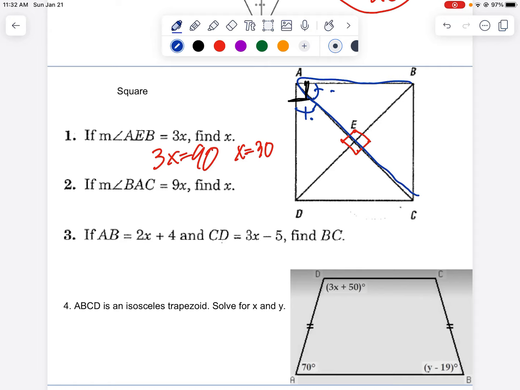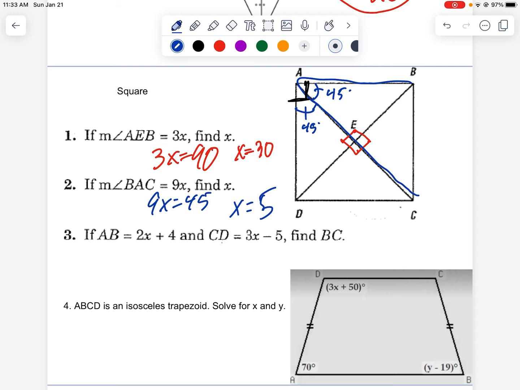Well, if that's a right angle and those two angles are the same, then that makes each of these angles whatever 90 divided by 2 is. Okay, because they're bisected, that means they're split in half, 2 equal parts, so each of these angles has to be 45 degrees. So that means 9x equals 45, which makes x equal to 5.